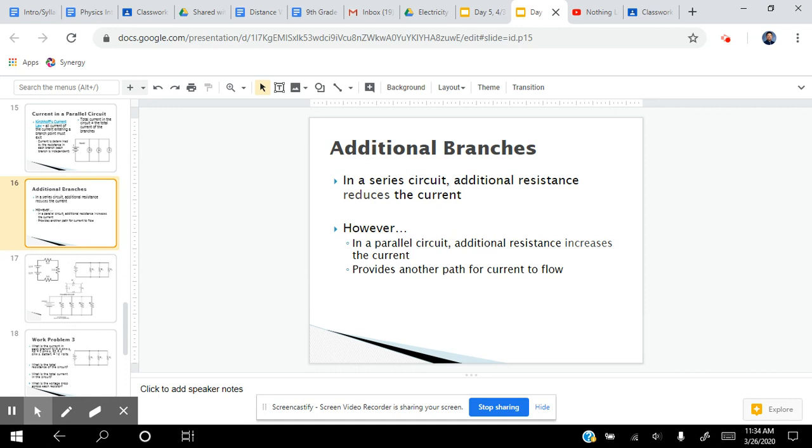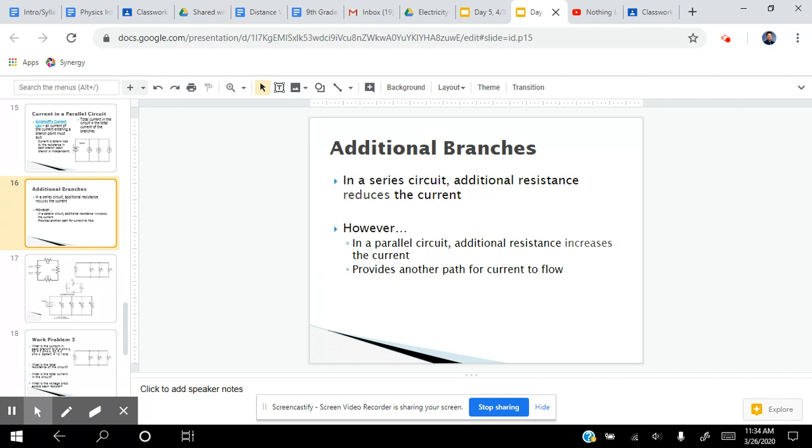Here is a little analogy for you to think about. When looking at a series circuit and you keep adding resistors, like light bulbs, you are going to reduce the current. All those bulbs are going to use less voltage and get dimmer.